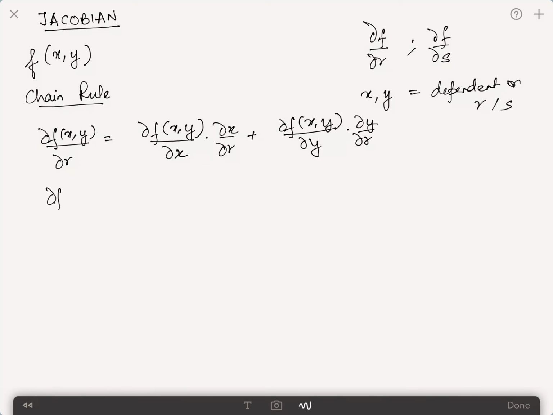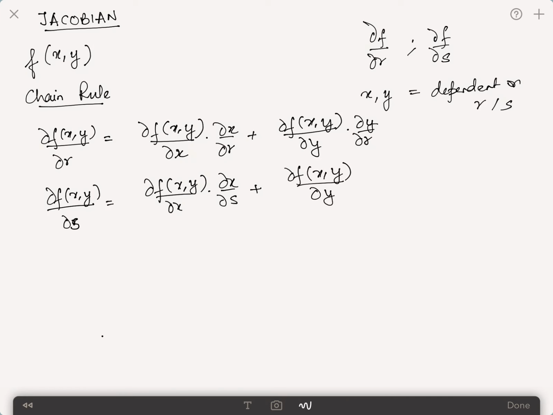And in the same way, I can write the partial derivative of f with respect to s to be equal to the partial derivative of f with respect to x times ∂x/∂s, plus the partial derivative of f with respect to y times ∂y/∂s. So this is the simple use of the chain rule.